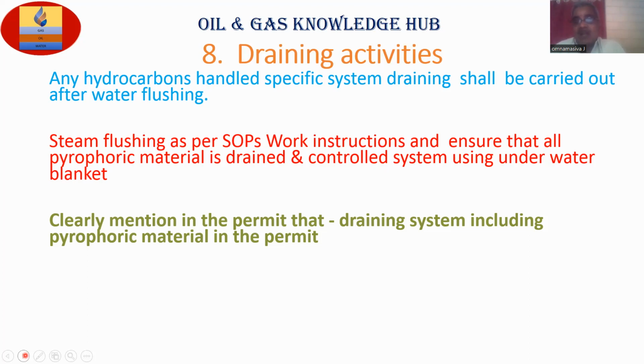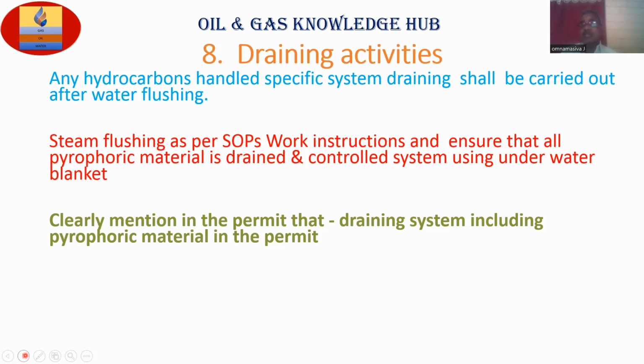And you have to attach specific drawings also, and the location, and the time from which time to which time this permit is valid. So it should be reflected in the permit, and that permit for the job you are doing should be placed at the work spot on your board. This is today's permit.